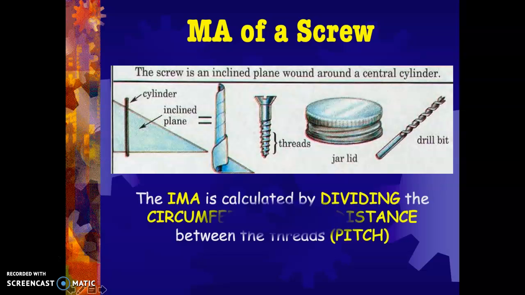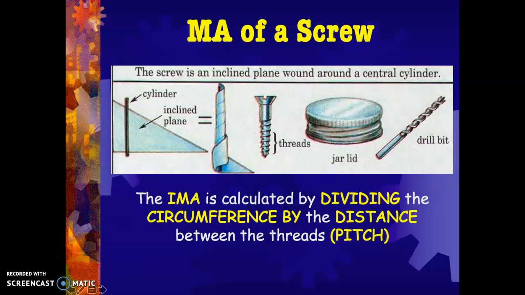But for the ideal mechanical advantage, what we do is we divide the circumference by the distance between the threads. The distance between the threads is commonly called the pitch of the screw or the drill bit. Okay, so again, we just take the circumference and divide by the pitch.